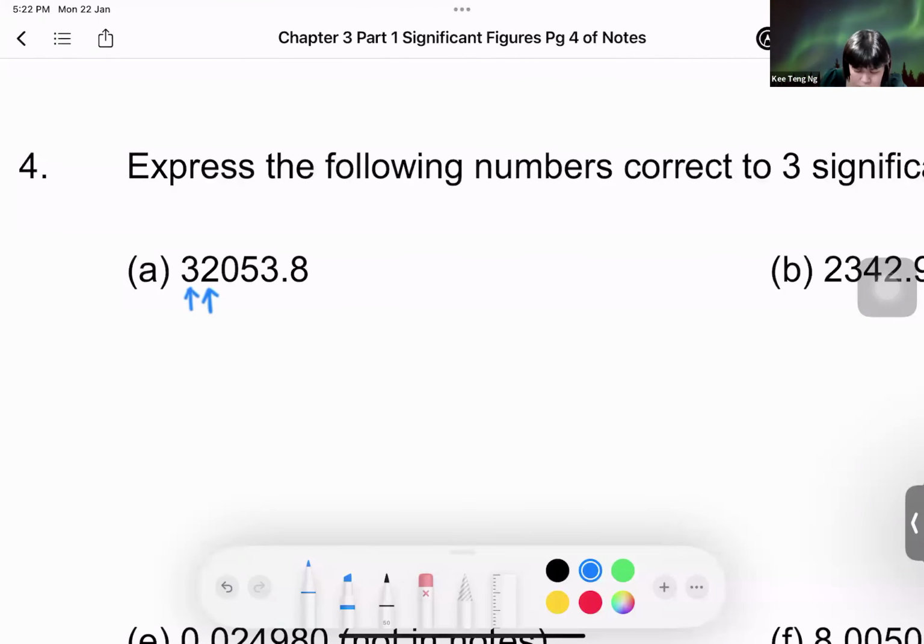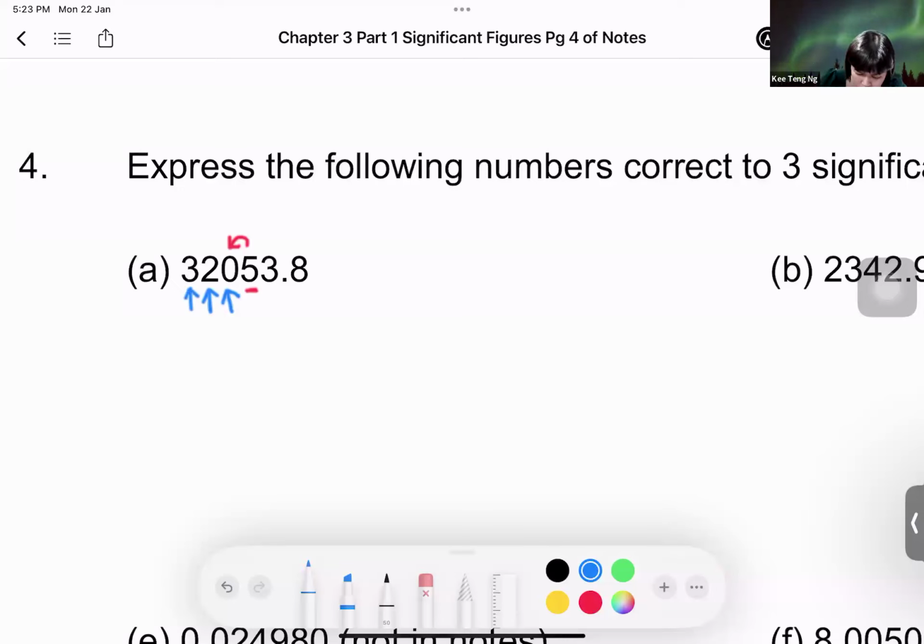Second, 6 feet. After that, the 0 is considered, right? The third is my 0, correct? Because after the first non-zero number, all the zeros at the back are significant. Now I want to look at the number behind it. This is 5. So what do I do? I need to round up.